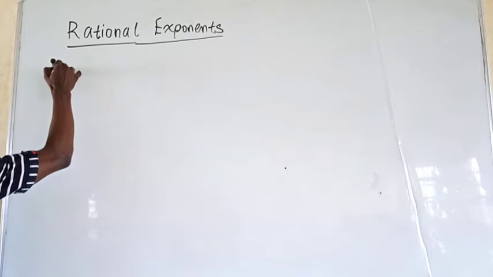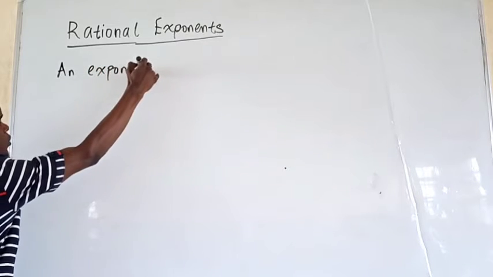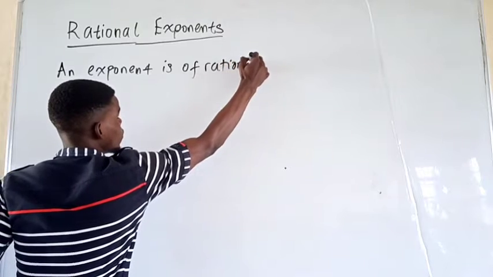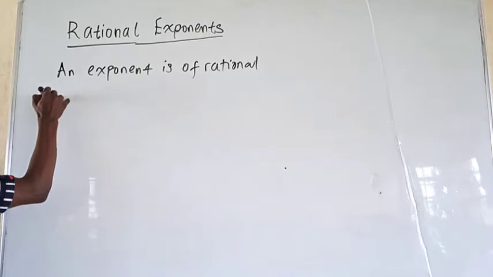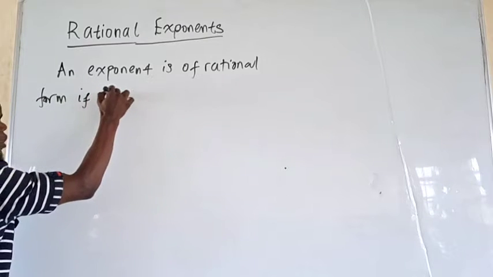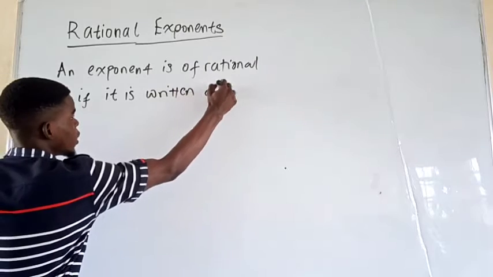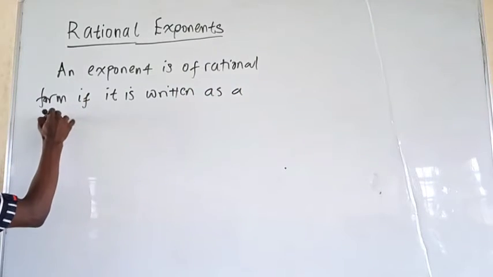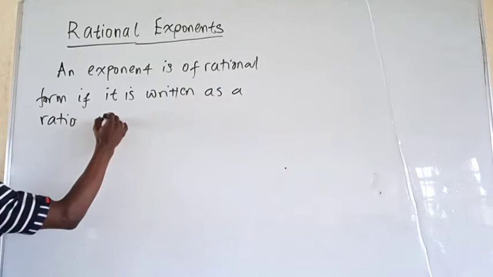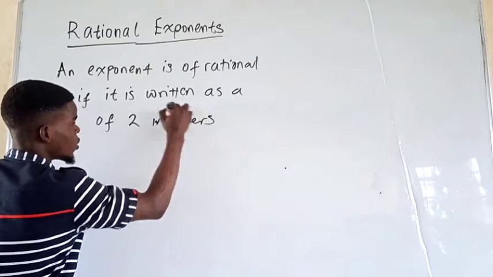So an exponent is of rational form if it is written as a ratio of two integers, that is, two whole numbers.